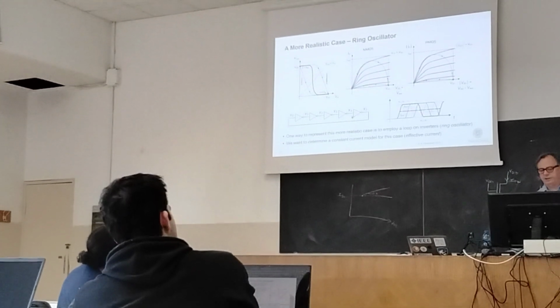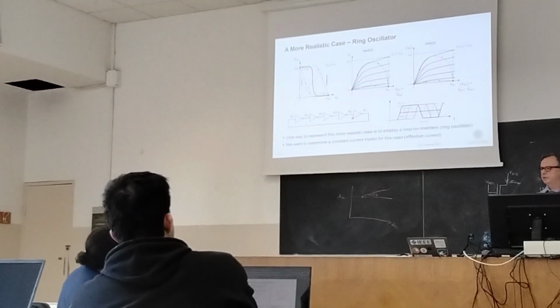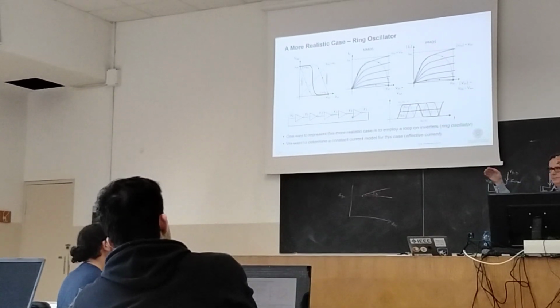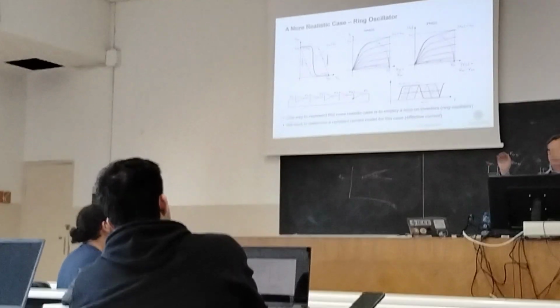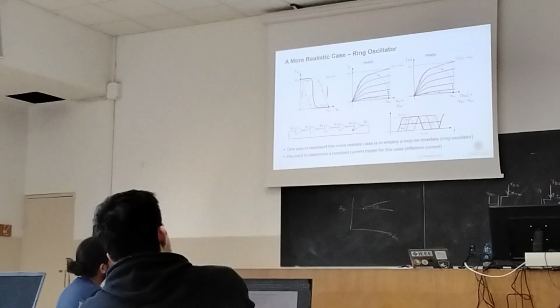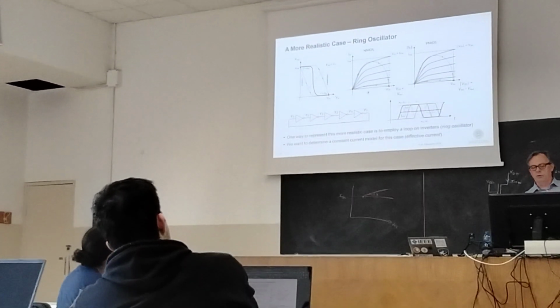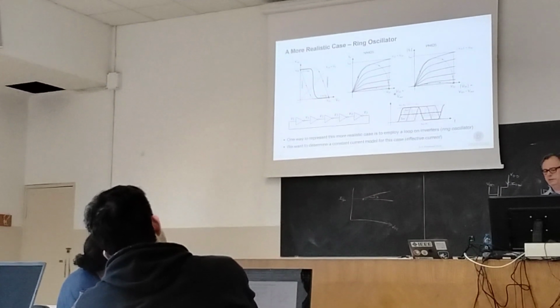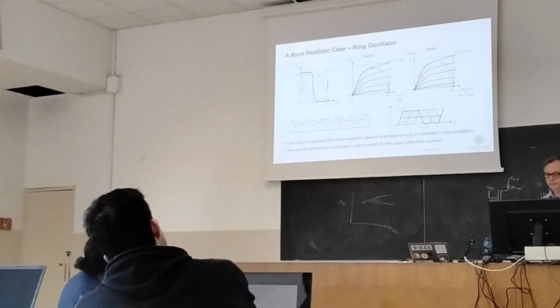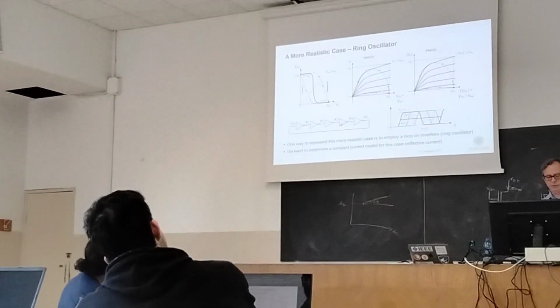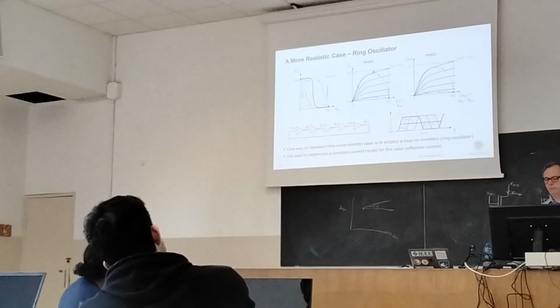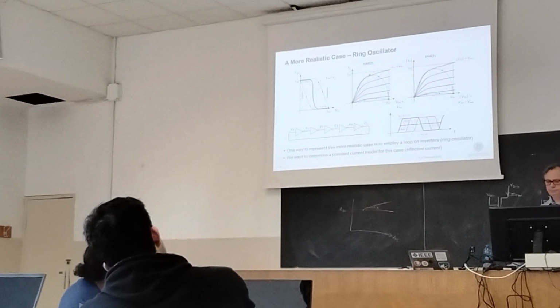We need to calculate from 50% of the input to 50% of the output, which is not an exact distance. So how do we calculate that? Right? So first of all, we look intuitively at how this is happening in this plot. Charge here. So we start from VDD, let's say we are at a certain point of the inverter, and then when we reach VDD, we are done.